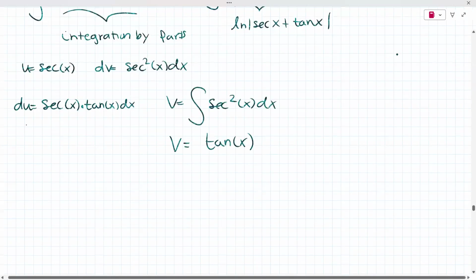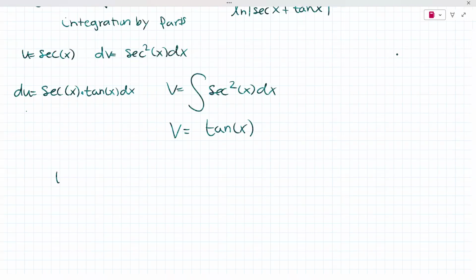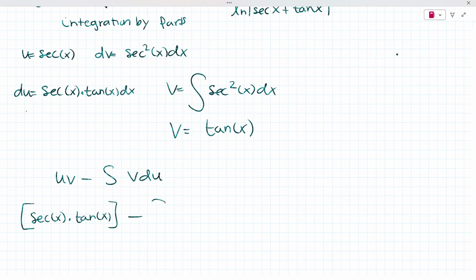So if you recall, integration by parts is uv minus the integral of v du. And we already know our u and our v, so my u is secant of x times v, which is tan of x, minus the integral of v du.